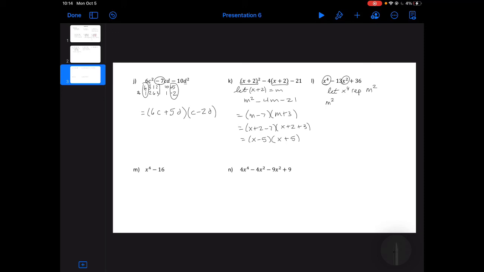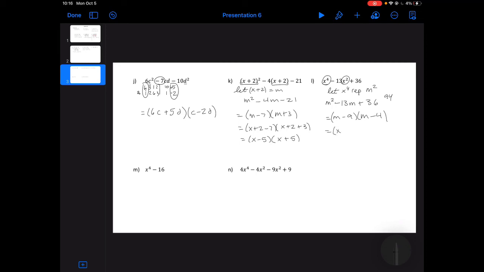Now, my first term, x to the 4, is really the same as m squared. Then I've got minus 13m plus 36. Again, I've got a simple trinomial. So m, let's see, multiplies to 36 would be 12 and 3. What multiplies 36? I guess would be 9 and 4. So I'd have minus 9 and minus 4.